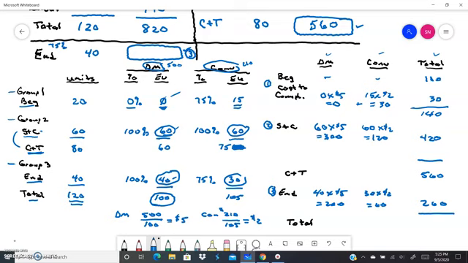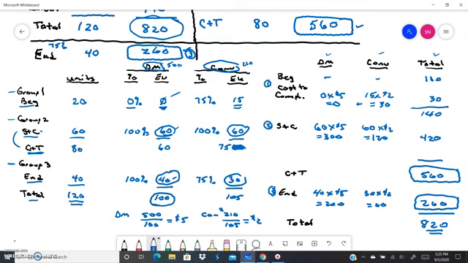And if we add up, that number would be right here, 260. So if we add those two together, we would get 820, and that's exactly what our total cost up here is. So basically then, what we're saying is the cost of completed and transferred out production is $560, and the cost of our ending work in process inventory is $260.